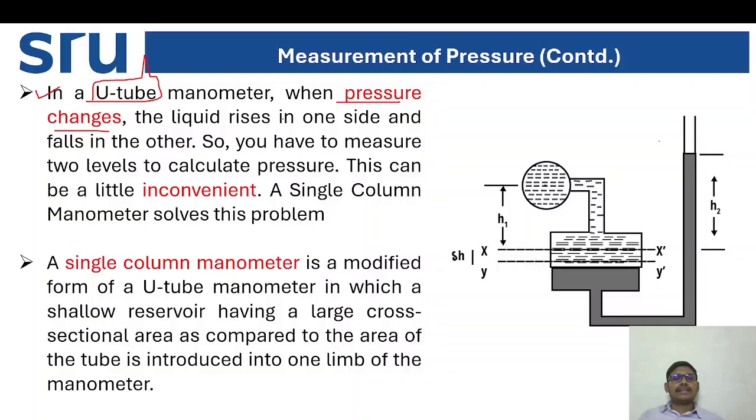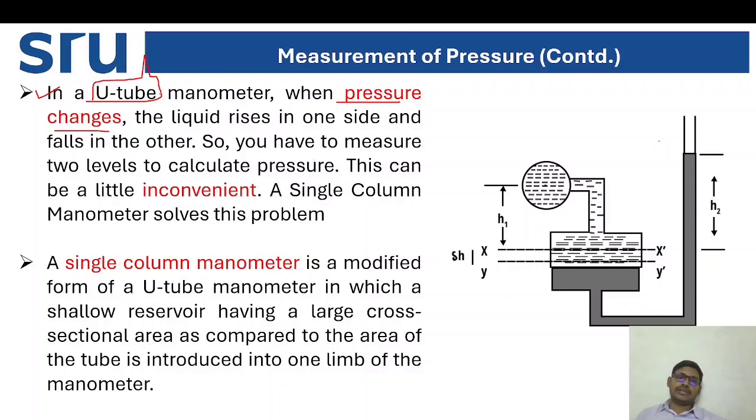The liquid rises on one side and falls on the other side, so you have to measure two levels to calculate the pressure. This can be a little inconvenient. So a single column manometer solves this problem.